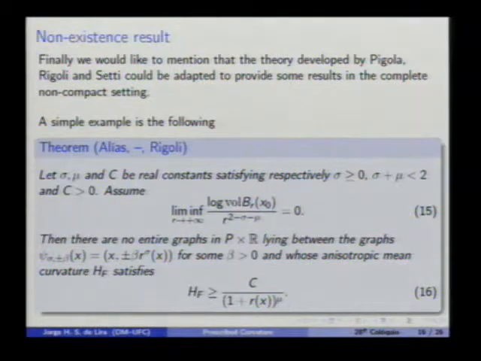It's the first one of maybe a series of results about non-existence, rigidity, stability, and characterization of graphs and hypersurfaces in general with constant anisotropic mean curvature. Just to mention that these techniques could be applied also for this anisotropic case.